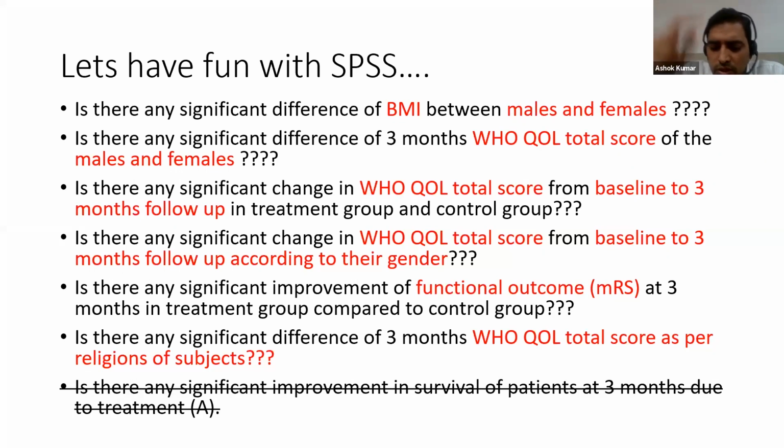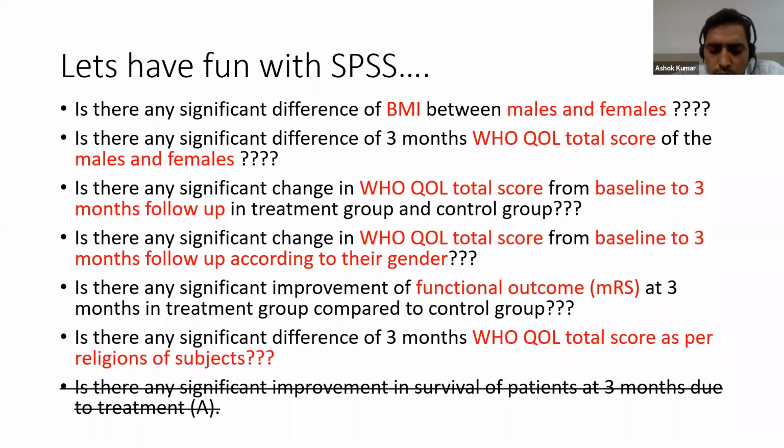Then you have to think what is the dependent variable and what is the independent variable. BMI is the dependent variable, and male and female, that is gender, is a categorical or qualitative variable, nominal level of measurement. It has two categories, so it is called a binary variable. And BMI is a continuous, quantitative variable.